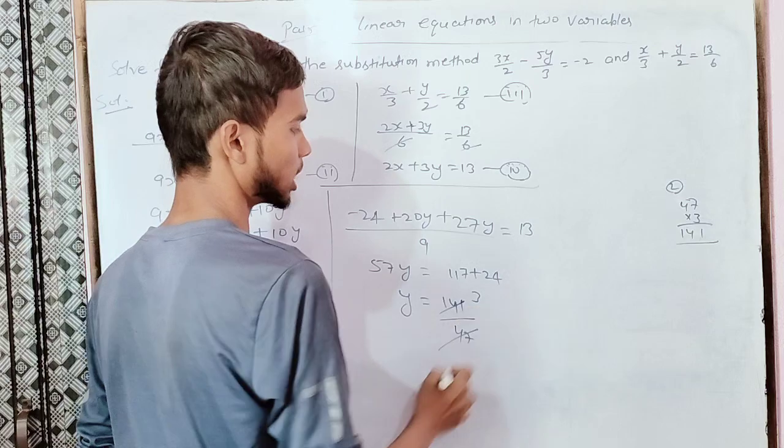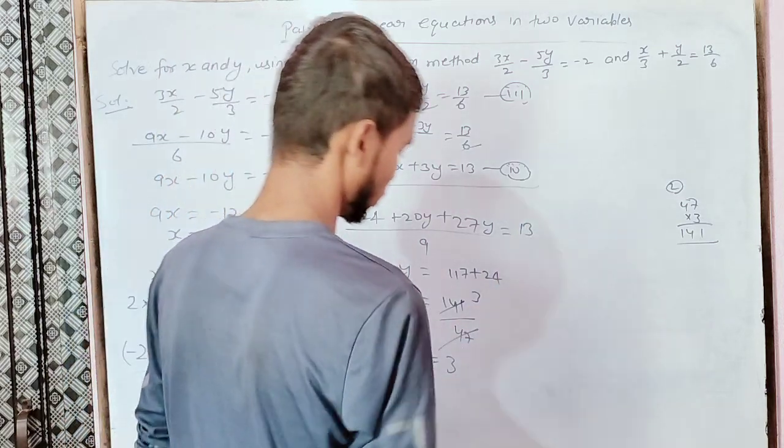So this will get cancelled by 47. So y is 3. Now what will we do?